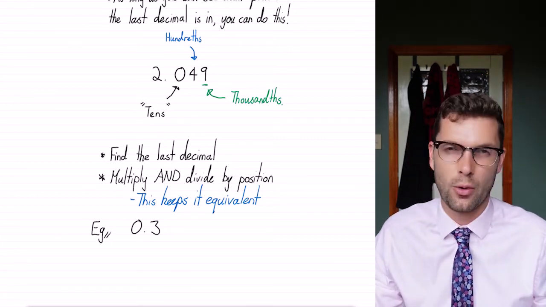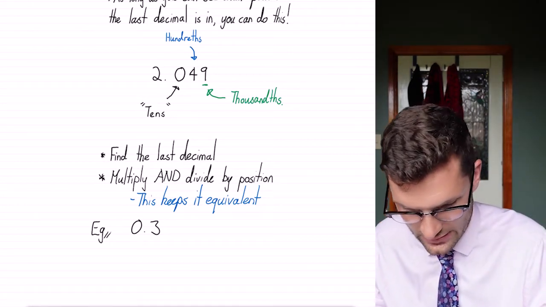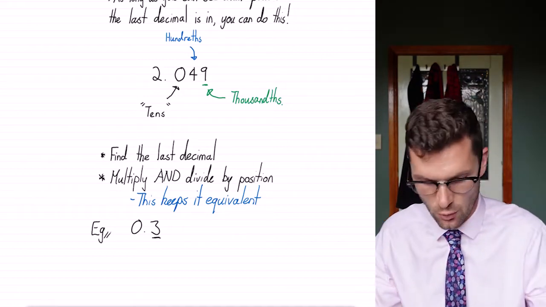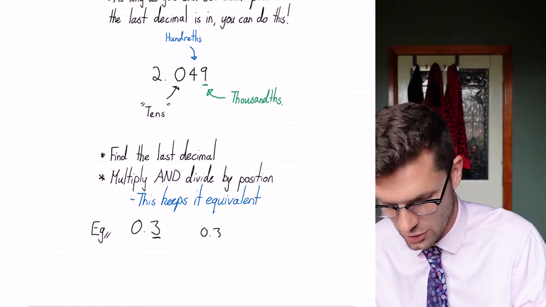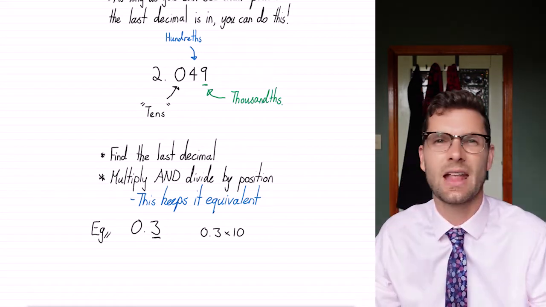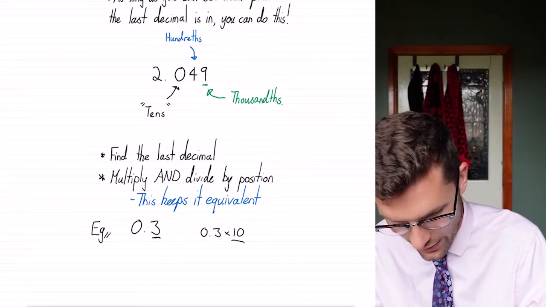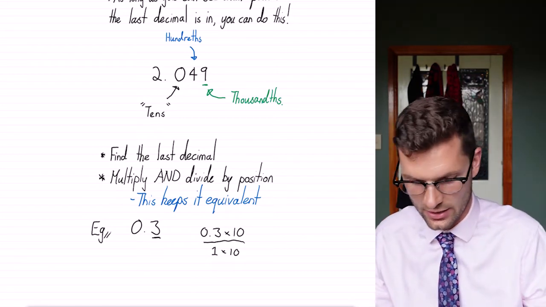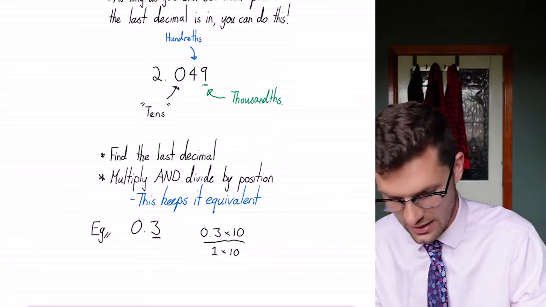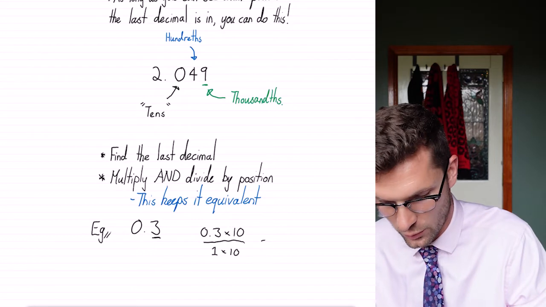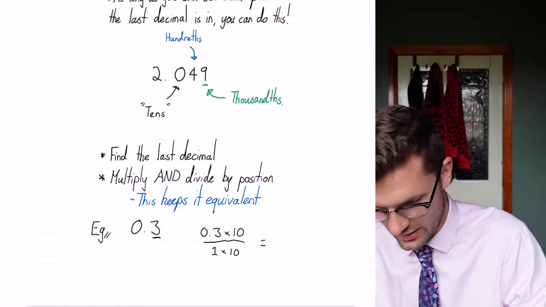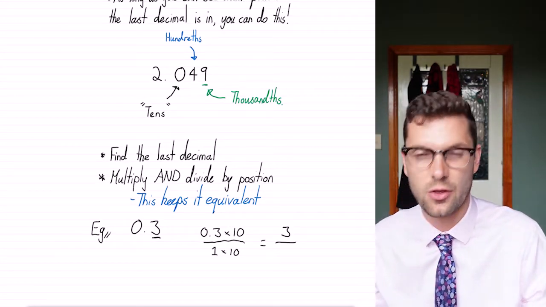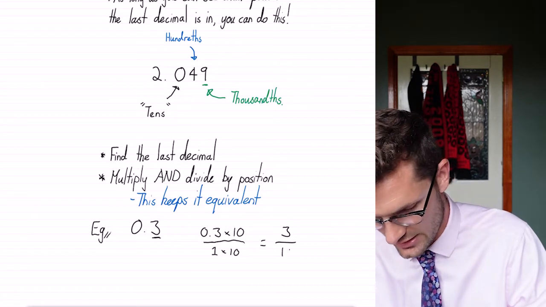So 0.3, okay, the 3 is in the tenths position. So what I'm doing is I'm multiplying this top by 10, and then I'm imagining that there's a 1 on the bottom that is multiplied by 10 as well. Okay, so the 0.3 times 10, the decimal point moves one position, so that becomes 3, and the 1 times 10 becomes 10.